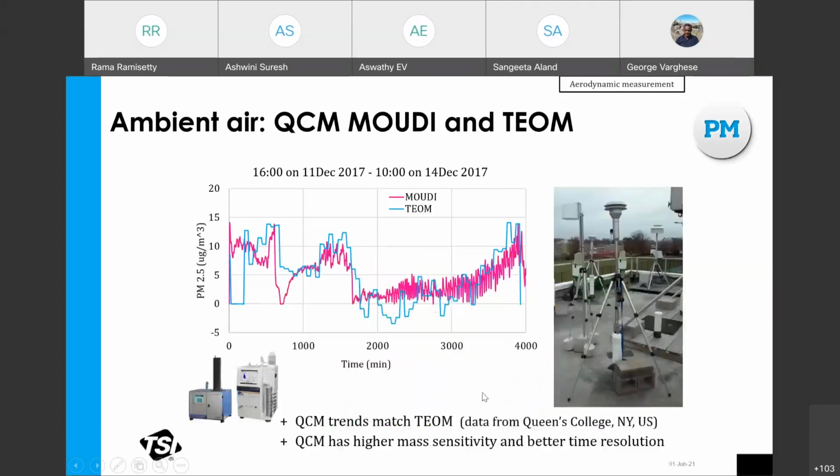Even a small change it can detect. This is a comparison between the TAOM method and the QCM method. You can see the QCM method, in red color, has very high resolution compared to the TAOM method.